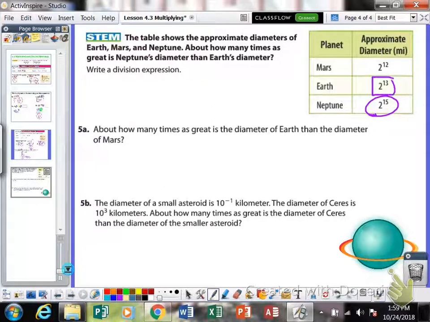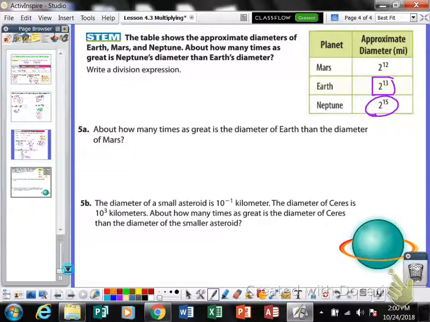Earth is 2 to the 13th. So how many times as great is Neptune's diameter than Earth's? We would have 2 to the 15th over 2 to the 13th.